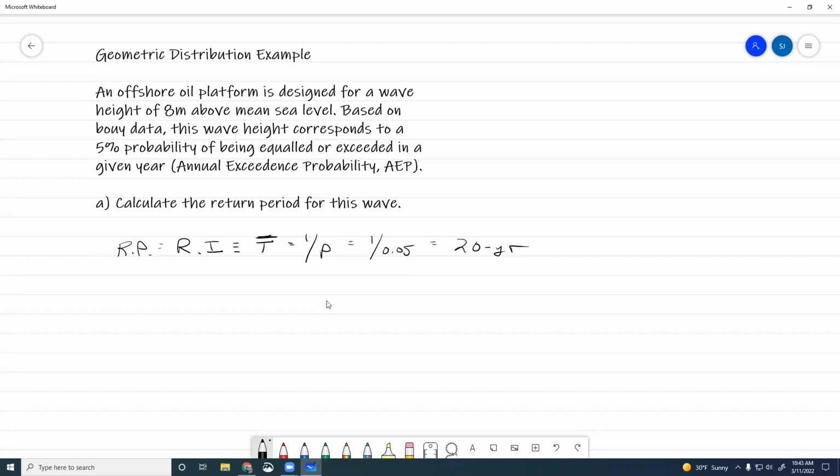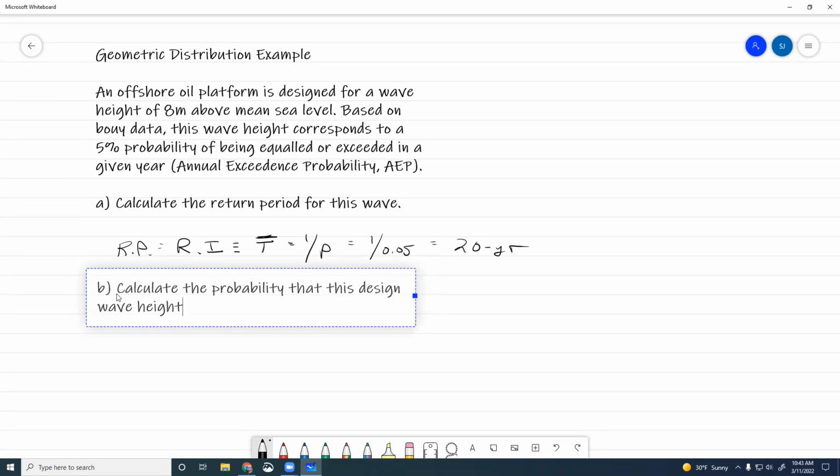Okay, so let's calculate the probability that this design wave will be exceeded within 20 years.